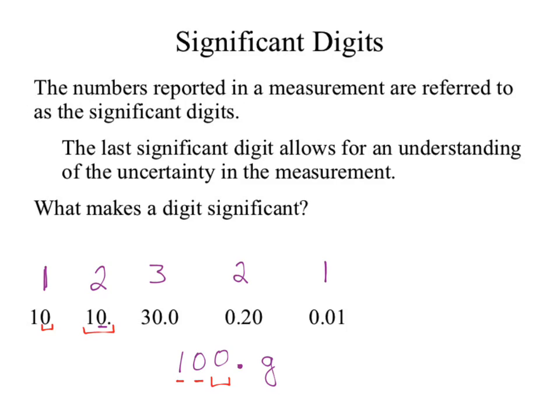But if I just say 100 grams, am I saying exactly 100 grams? Or am I saying about? Officially, I'm saying about. It's an implied about. What is about 100 grams? 99 is probably about. 101 is probably about. 105, probably about. 115, probably about.